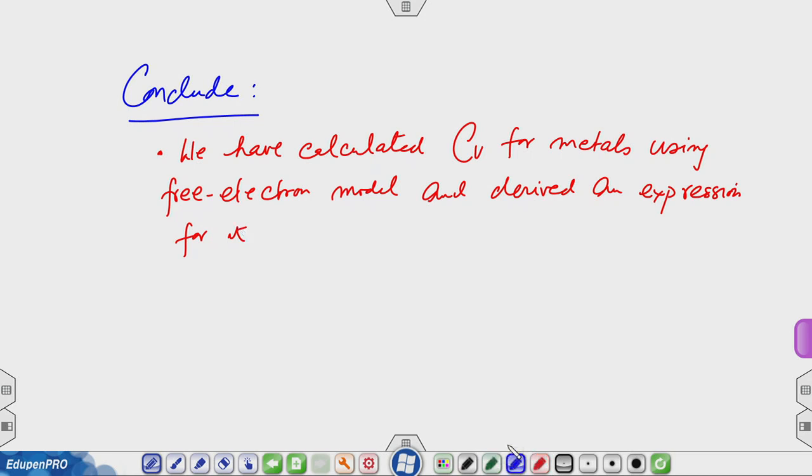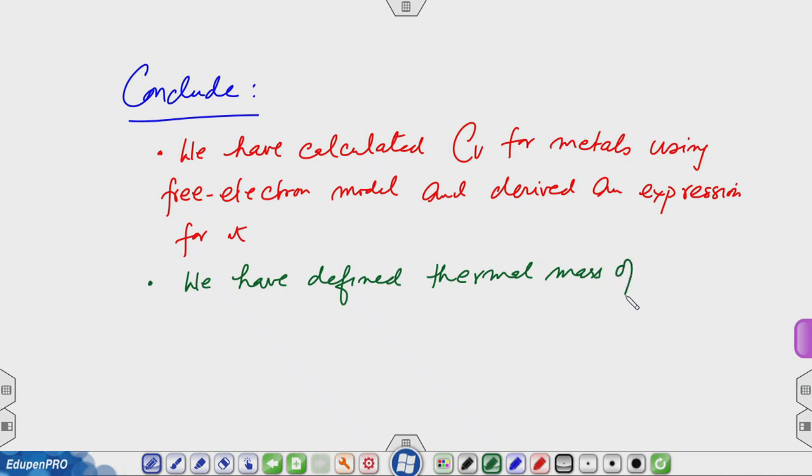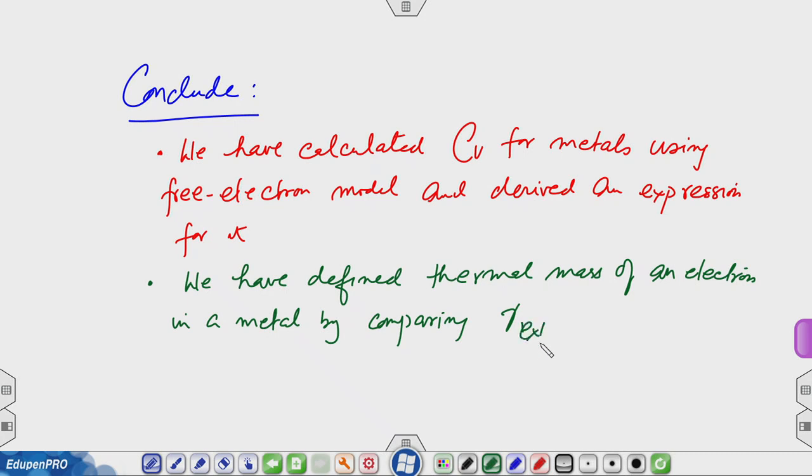And then we have defined thermal mass of an electron in a metal by comparing gamma experiment and gamma theory. Thank you.